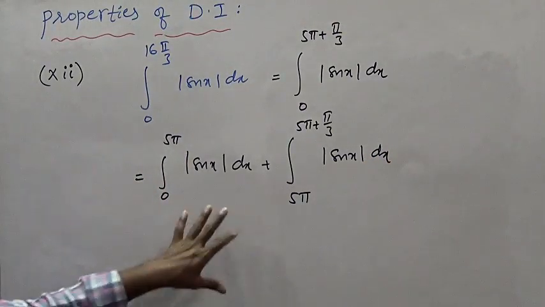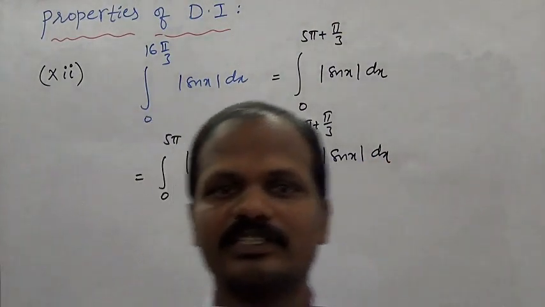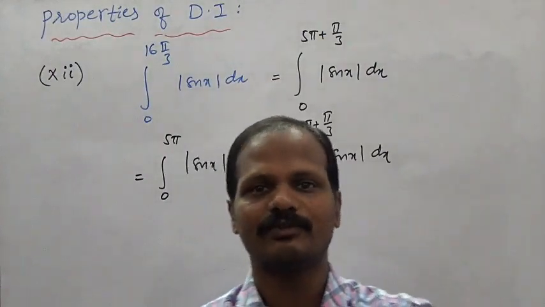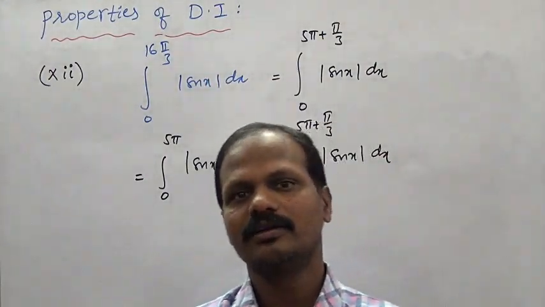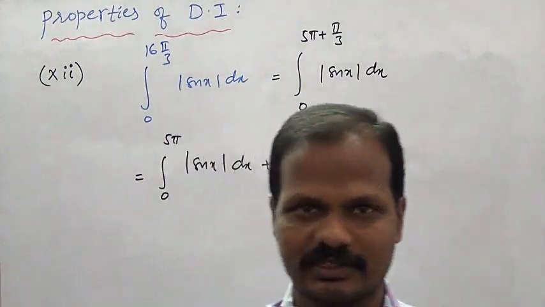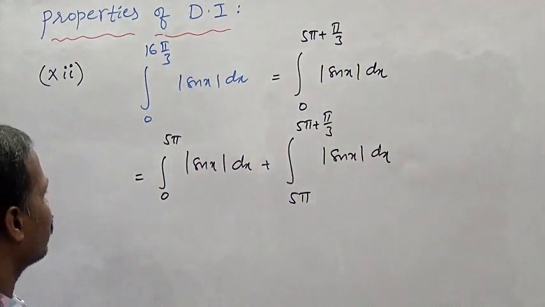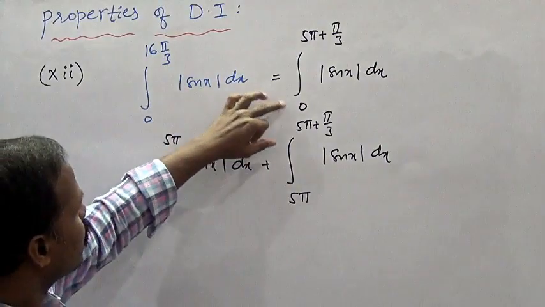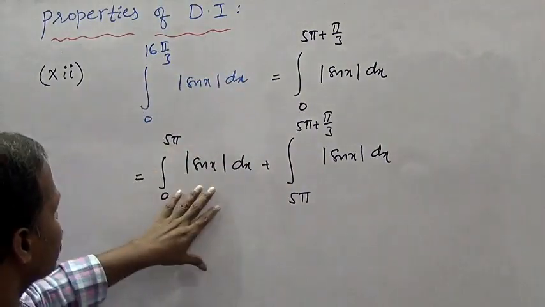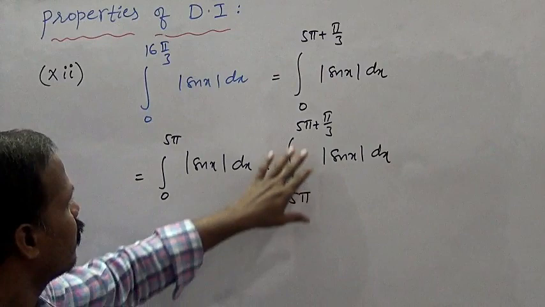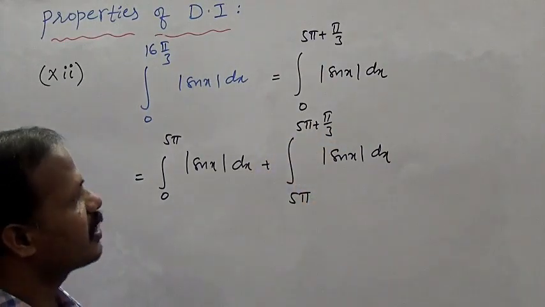So here I am using the splitting property: the integral from a to b of f of x dx equals the integral from a to c of f of x dx plus the integral from c to b of f of x dx. So we have the integral from 0 to 5 pi of mod sin x dx plus the integral from 5 pi to 5 pi plus pi by 3 of mod sin x dx.